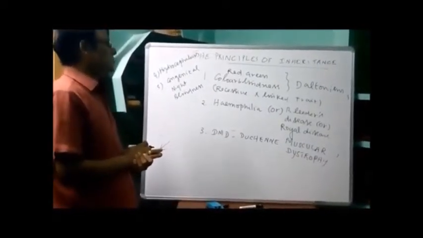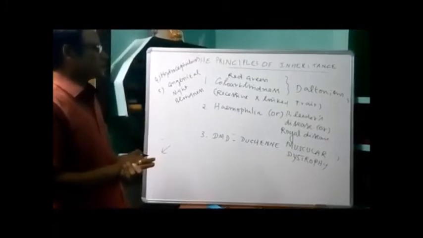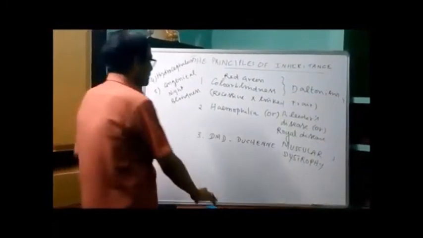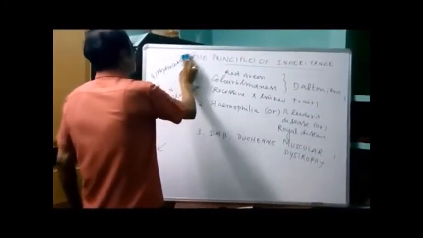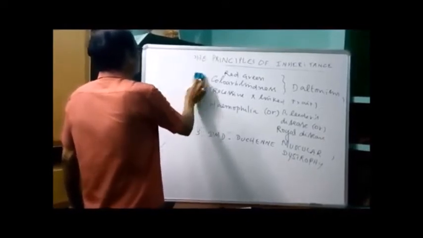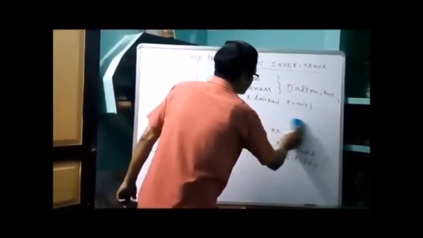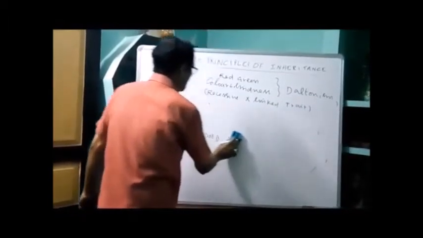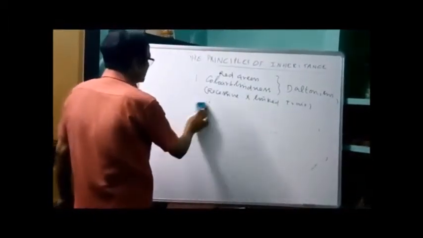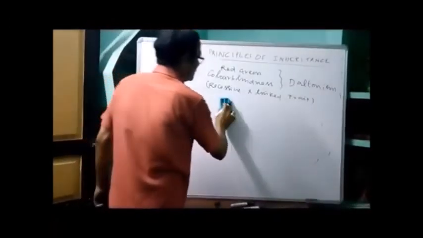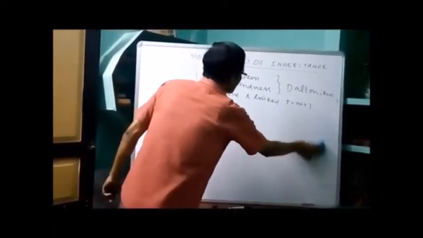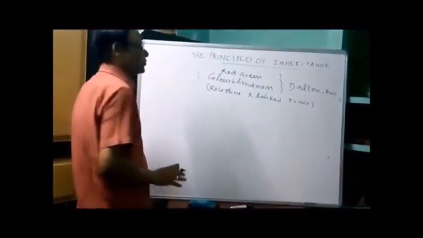Let us talk about red-green color blindness or daltonism. This is a recessive X-linked character. So, it is more common in males than females. Nearly 4% of the males are affected by this disease when compared to the females.